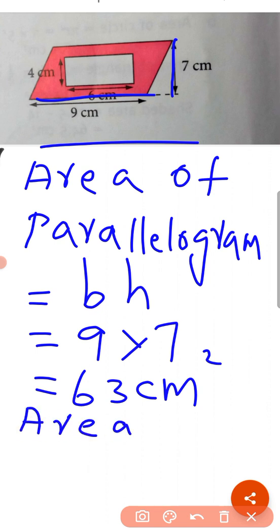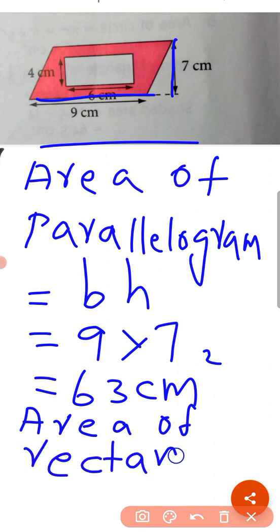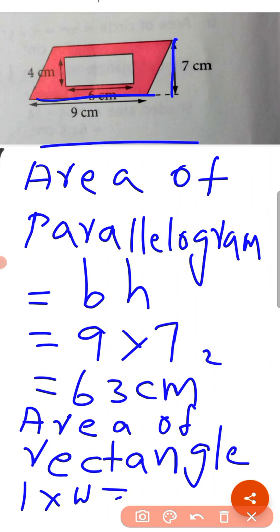Next, area of rectangle. Area of rectangle is equal to length into width. Length is 6 and width is 4.